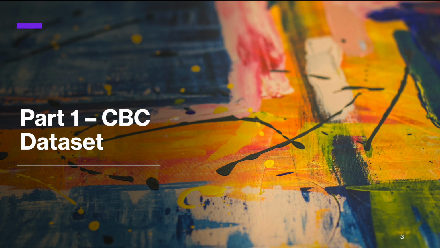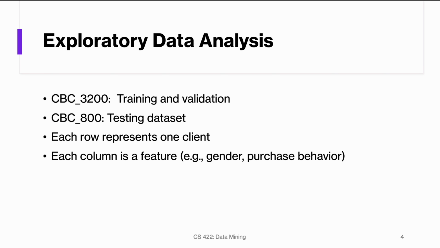So, for the first part, this is our exploratory data analysis. The CBC 3200 is for training and validation, and the CBC 800 is for testing the dataset. Each row represents a client, and each column is a feature, for example, gender or purchase behavior.